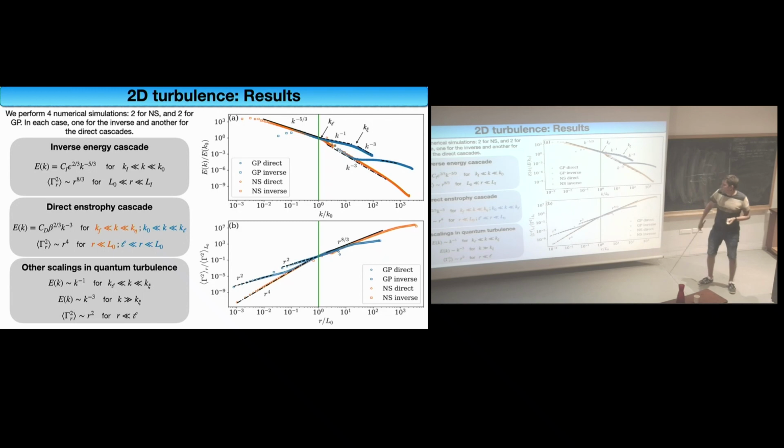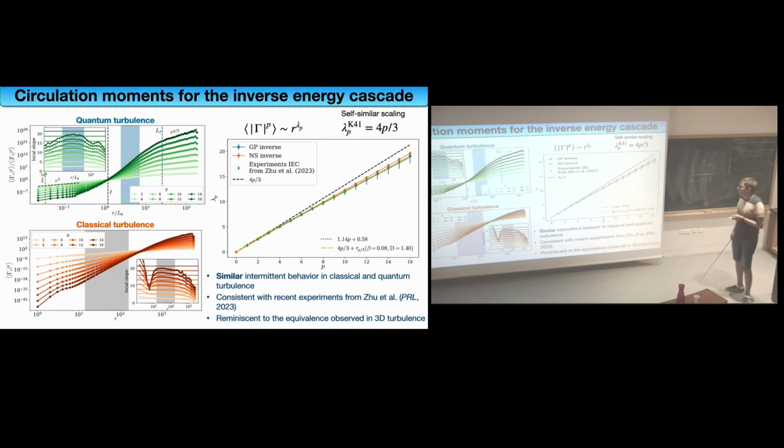Okay, so now, besides this, we can go to high order moments and try to characterize the intermittency of the flow. So this is what we do.